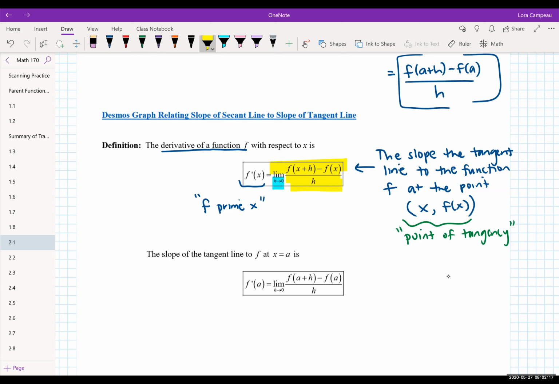And if we want specifics, if we know what the actual point is, then we would use the function notation. And instead of using x in our expression, we'll plug in a everywhere we see x. And we actually have the slope of the tangent line at the value x equals a.